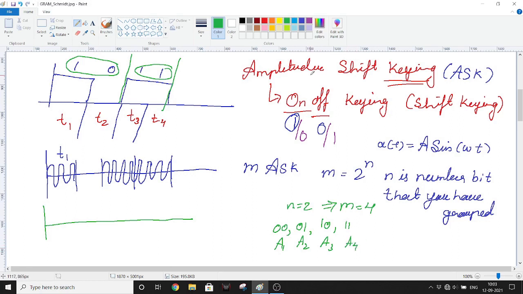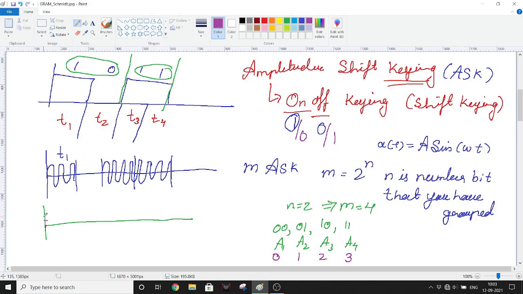For simplicity, let us take the amplitudes to be 0, 1 volt, 2 volt, 3 volt, or 1 unit, 2 units, 3 units of the amplitude. So for 01 or 10, the amplitude should be 2, and for 11, the amplitude should be 3. So let's just mark it.